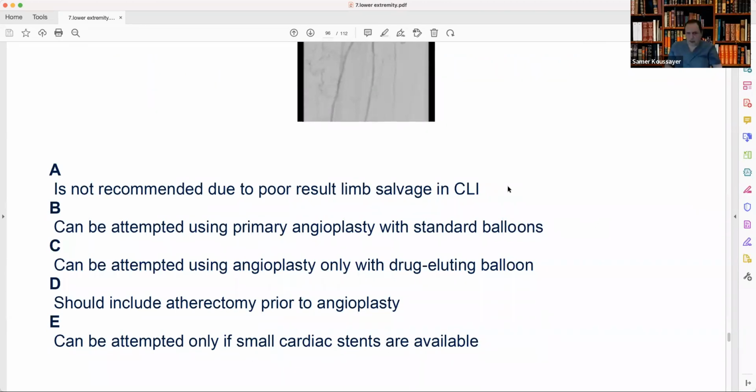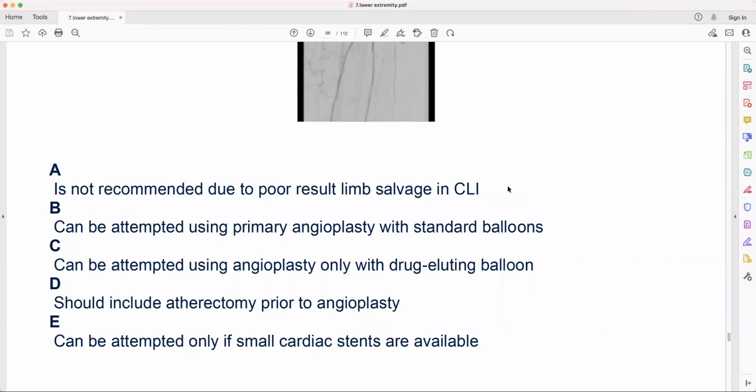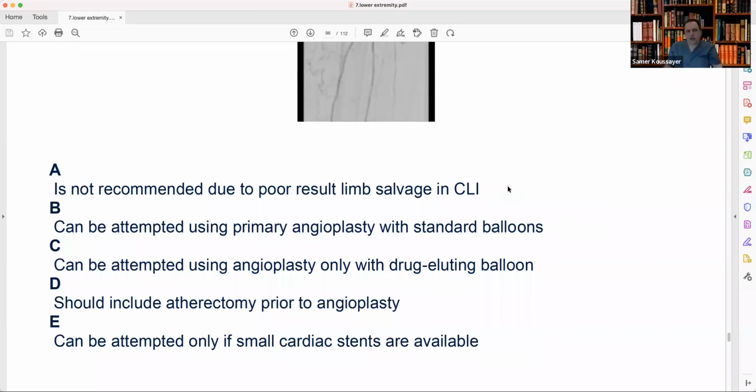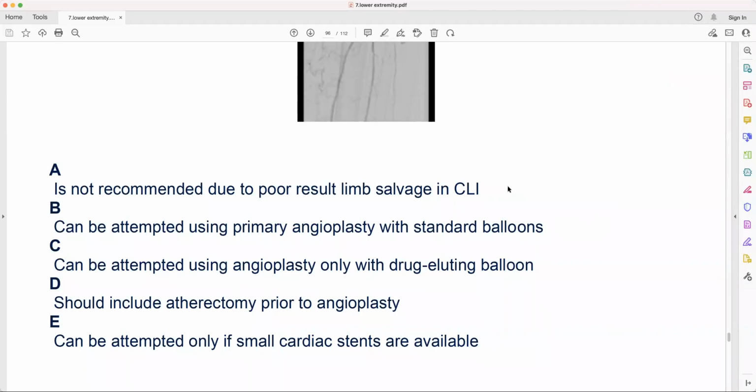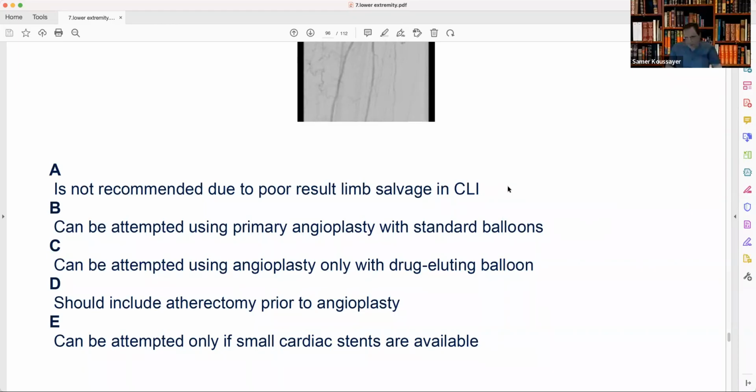In critical limb ischemia, when you do PTA, you have a better result in what? In patency? Patency is not good, correct? Yes, but limb salvage is great. You see, this is my point. The limb salvage is good, even though the patency is bad, because we know they don't stay open. You do angioplasty, it looks beautiful.